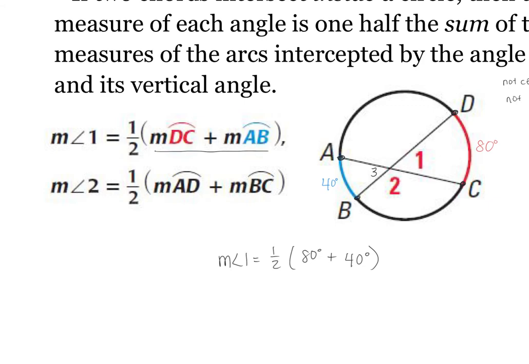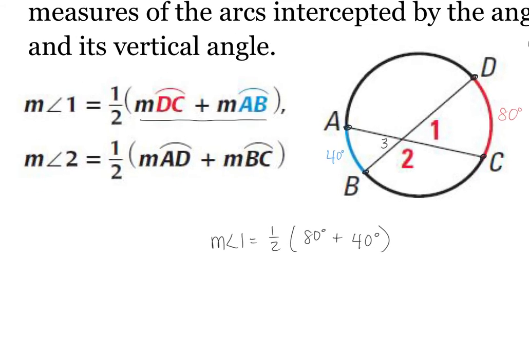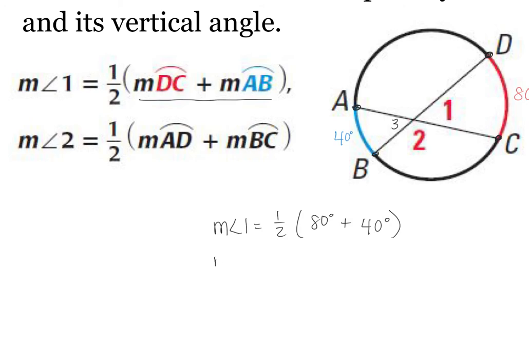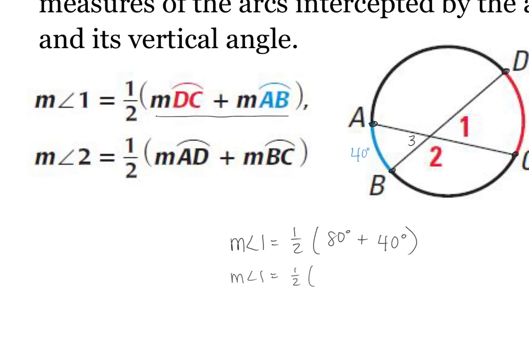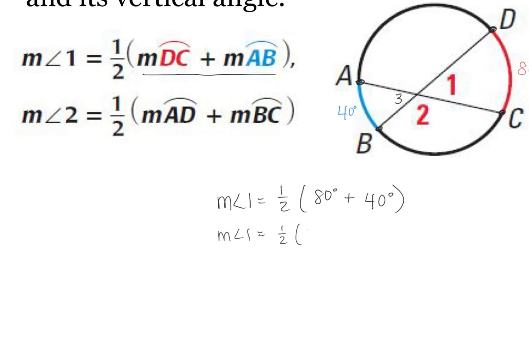So the measure of angle 1 equals 1/2 times 120. So the measure of angle 1 is 60 degrees. What's the measure of angle 3?